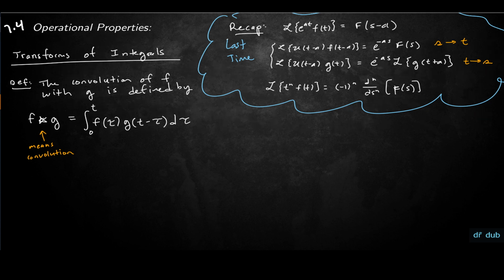It's a convolution. All right, so that's f star g, and it turns out that f star g is equal to g star f. So, theorem: f star g is equal to g star f.